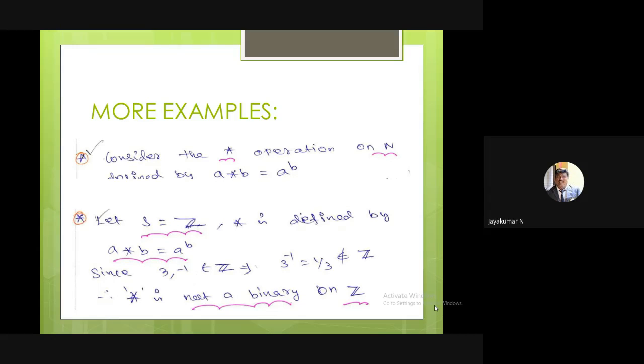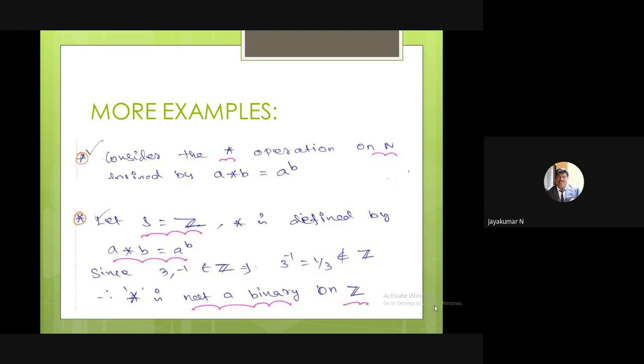So next, suppose you choose the set Z, this is not binary. See the example. If you choose a positive number as the base and a negative number as the power, then the resultant is 3 power minus 1, which is 1 by 3, which does not belong to Z. In that case, my star is not a binary operation on Z. So if you change the set, sometimes the binary operation works, sometimes it will not.